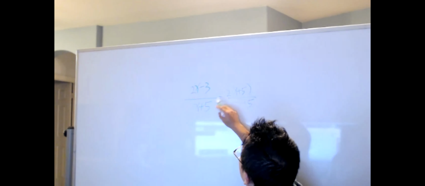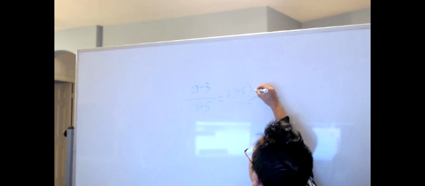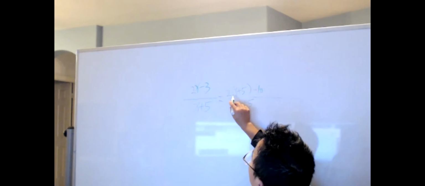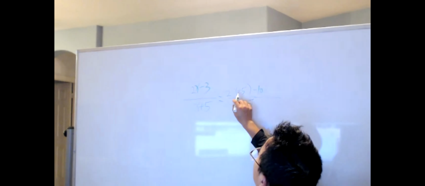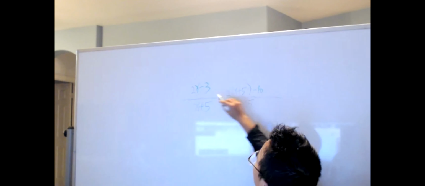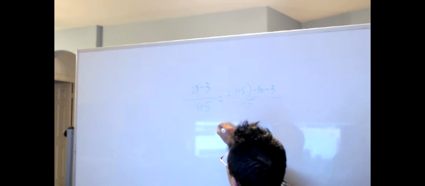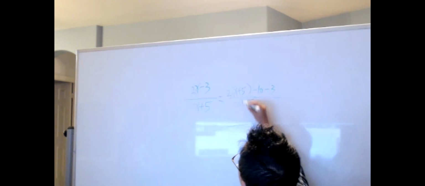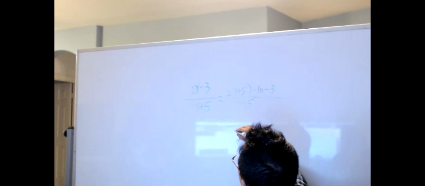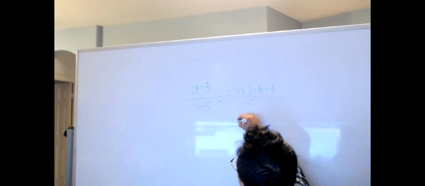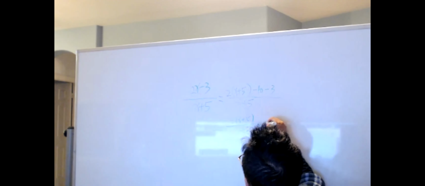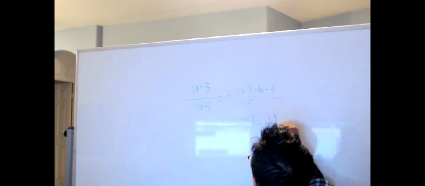So in this case, 2x becomes 2x plus 10. So we want to minus 10, because we added 10 to it for no good reason. Actually, we do have a good reason, but we added 10. We want to minus 10. And then we have a minus 3 in here originally. So this is what we are trying to do. And the first item will be 2, so you get 2 times x plus 5, minus 13, over x plus 5.